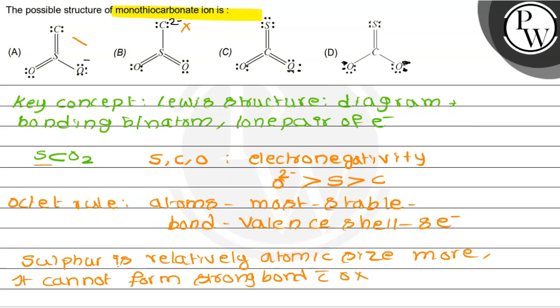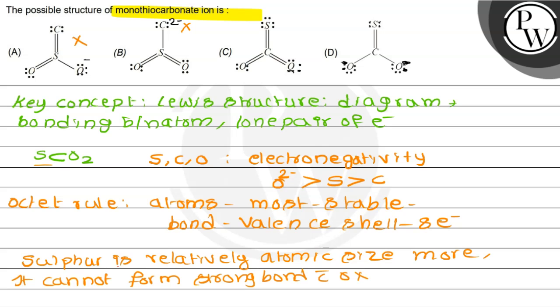So it is not the possible structure for monothiocarbonate, because only if the structure is more stable will it be the possible structure. So A is not correct, and B is also not correct.